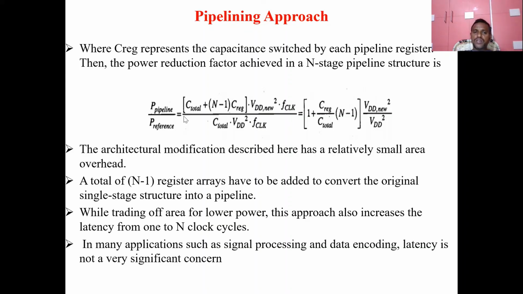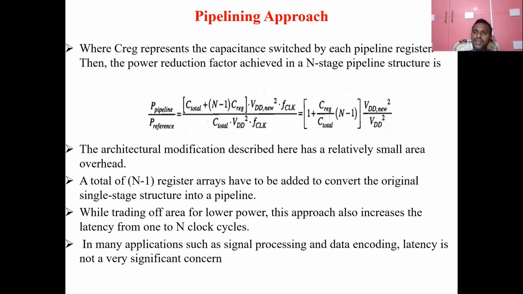And if you consider the ratio of the pipeline approach to the single stage, you will get this, that is 1 plus C register by C total times n minus 1. Here C register means the capacitance of each register array, and we have n minus 1 of them. And VDD new square is what?